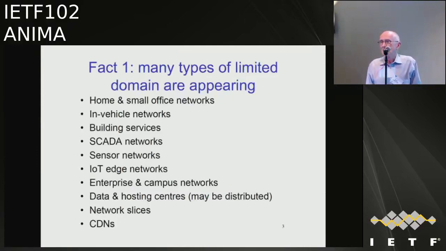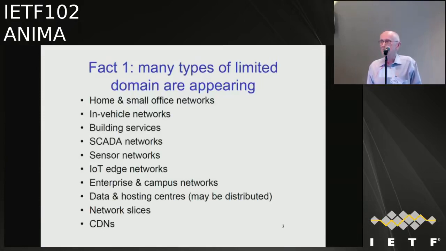So one fact that's undeniable, I believe, is that many types of limited domain are appearing in the internet. Home networks, office networks, vehicle networks, building services networks, SCADA networks in general, sensor networks, any kind of edge network in the IoT, enterprise networks, campus networks, data centers, hosting centers.